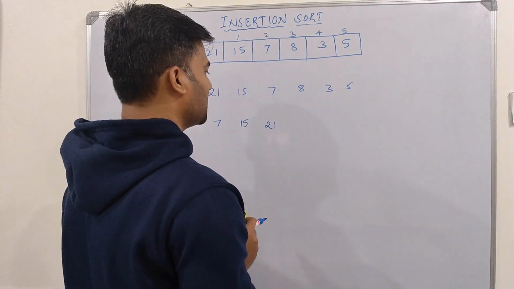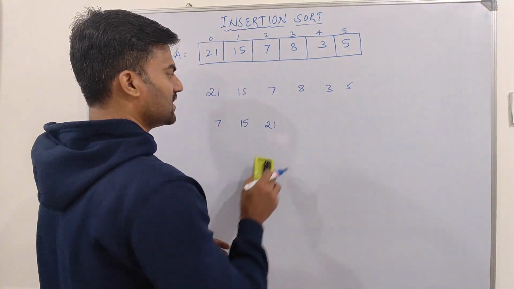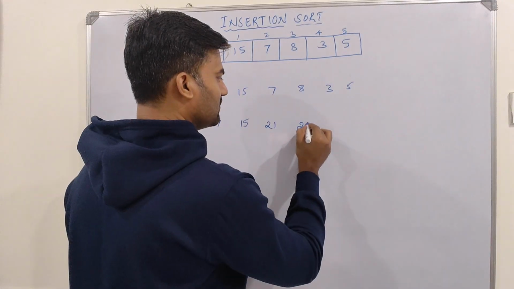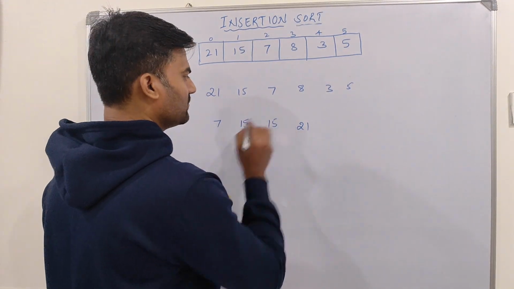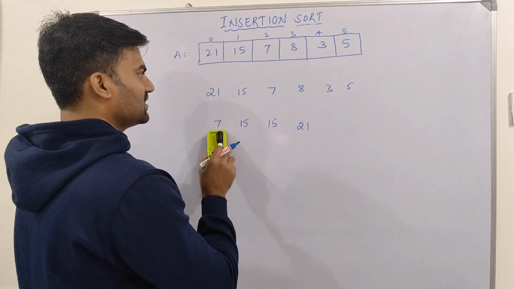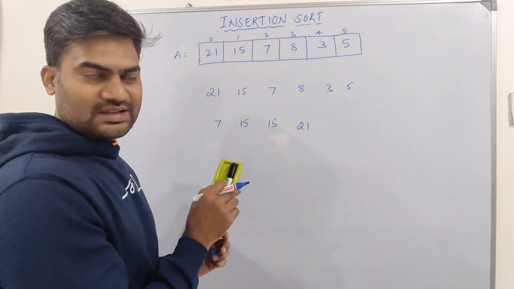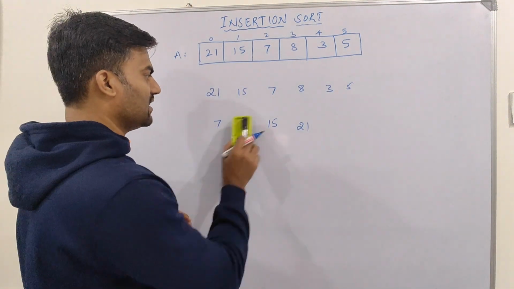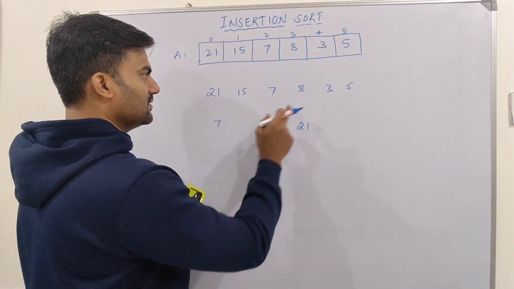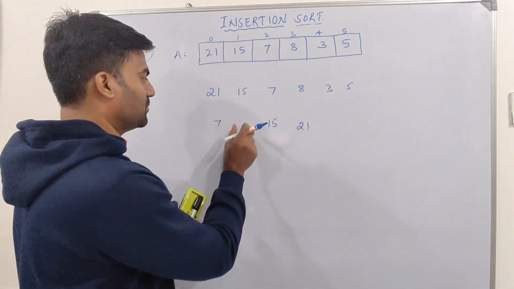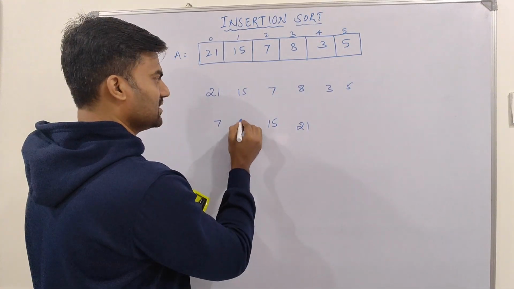I'll pick 8 again. So 21 is greater than 8, so I'll shift 21. Then 15 is still greater than 8, so I'll shift 15. Then 7 is smaller than 8, so I'll stop and I will simply place my 8 onto the position after this 7.